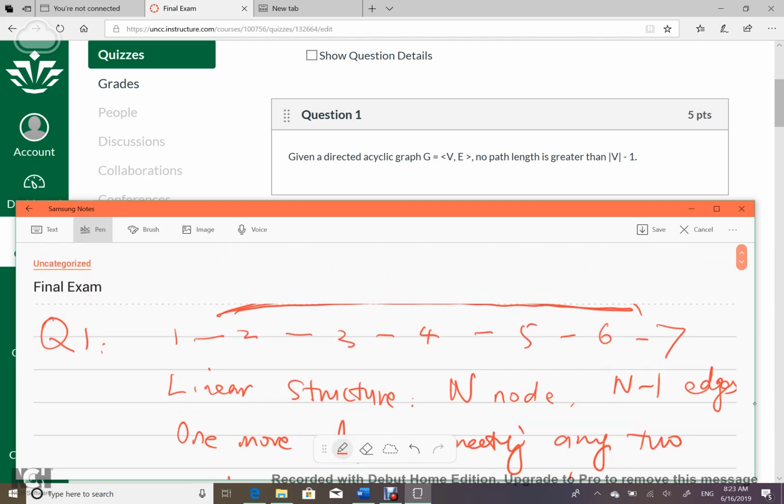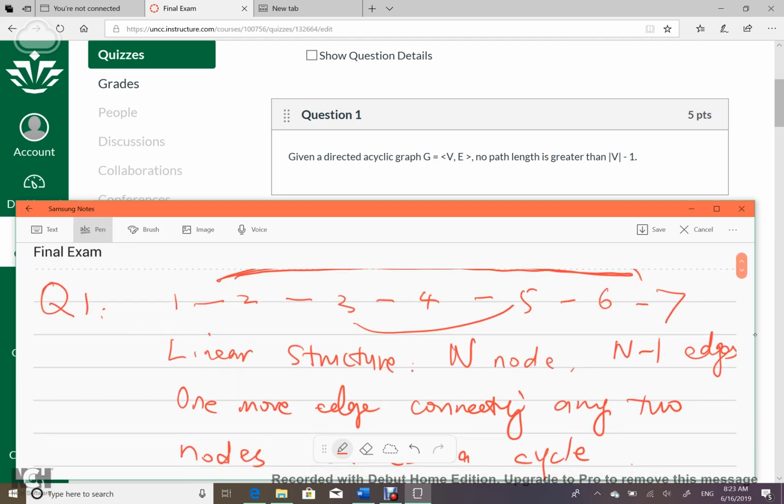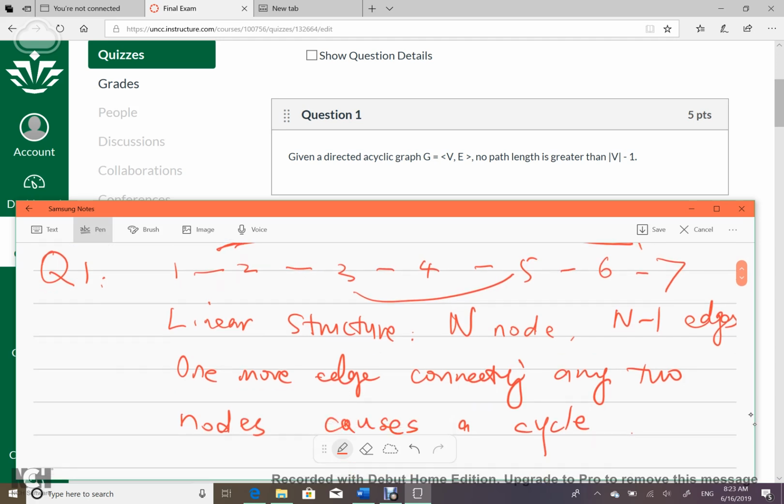Can you see that? Any 2 nodes, if you connect them, they make a cycle. So in that case, the path is a linear structure, where each 2 nodes only have a very unique relationship. Only 2 nodes have a unique relationship.